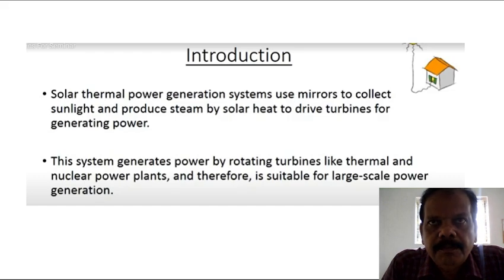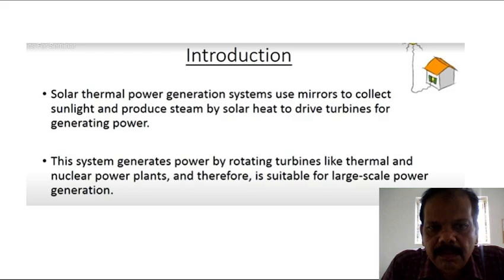The generator will generate the electricity using the prime mover. The system generates power by rotating turbines, which are available in thermal and nuclear power plants, and therefore it is suitable for large scale power generation, right?